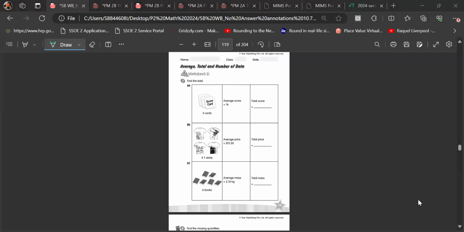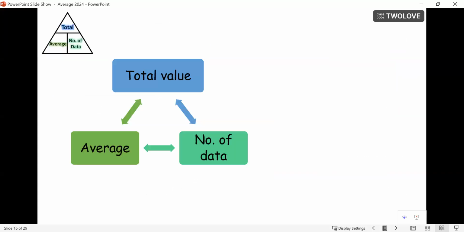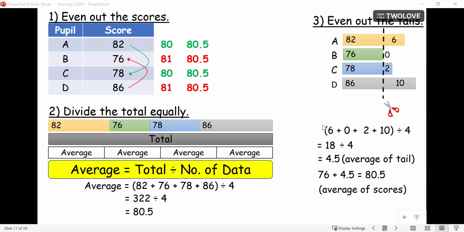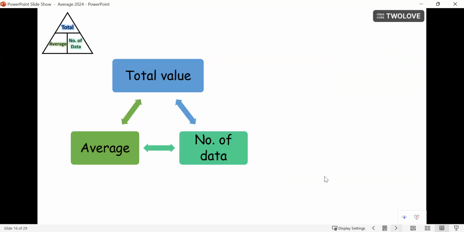Back to the slides here. The next part is here. Okay, so you look at this slide here. Can you see the triangle? Okay, so at this part, we are moving on to finding out each aspect of the three quantities in the relationship triangle.